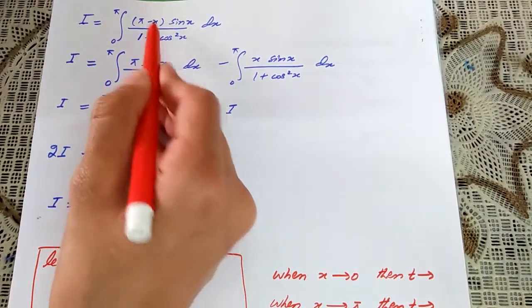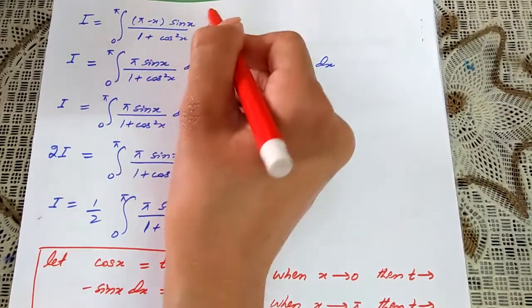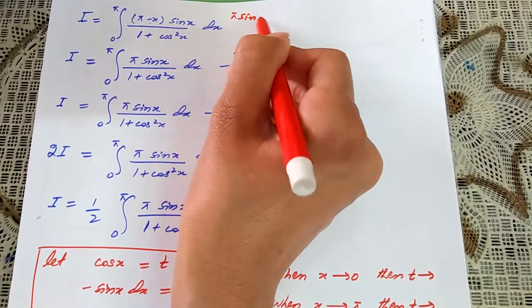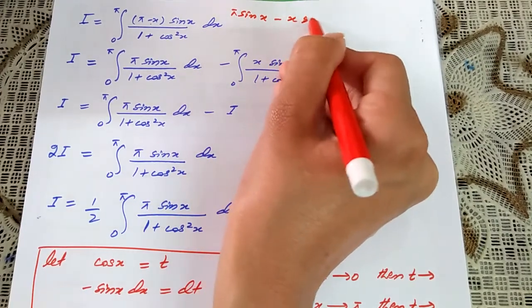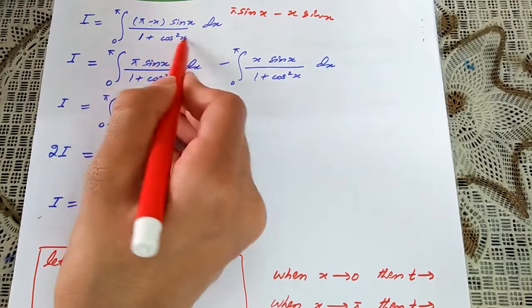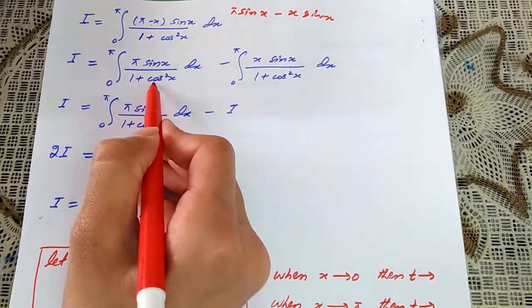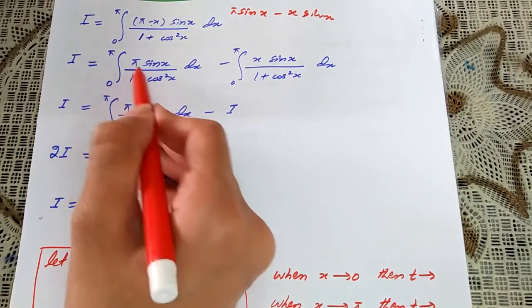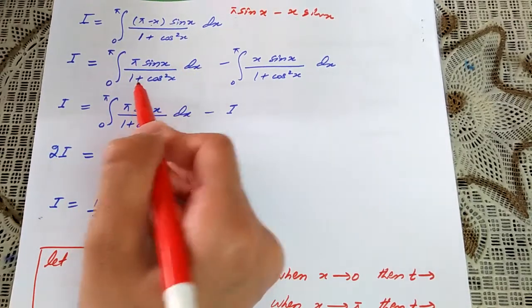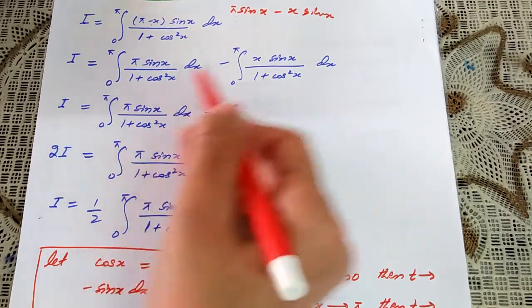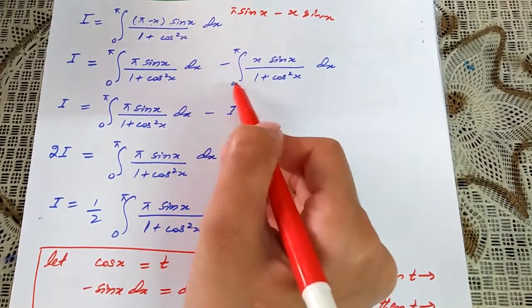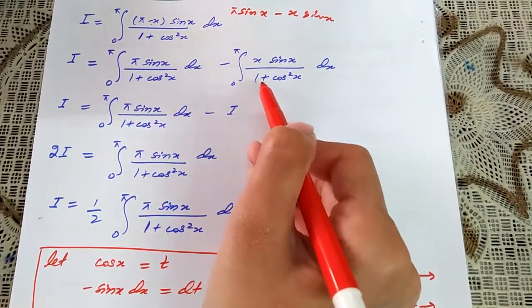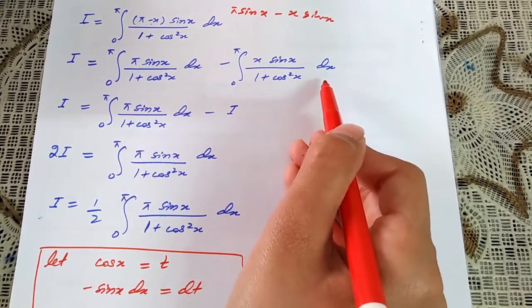Now we can separate our integral because in our numerator we have pi sine of x minus x sine of x. We can separate the fraction into two parts. So I equals integral 0 to pi sine of x dx over 1 plus cos square of x, minus integral 0 to pi x sine of x over 1 plus cos square of x dx.